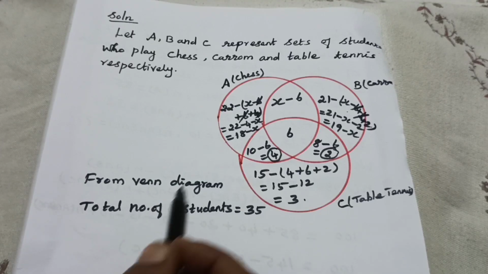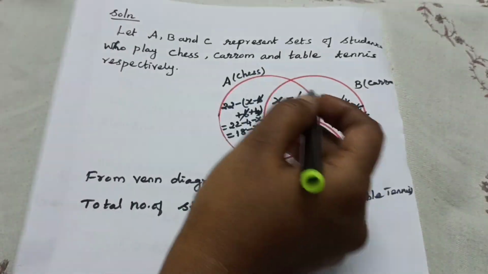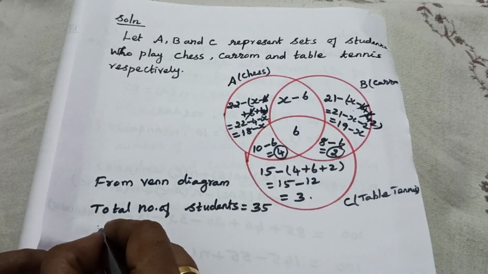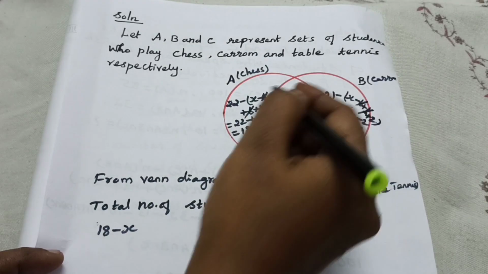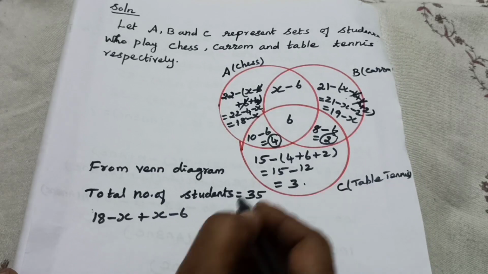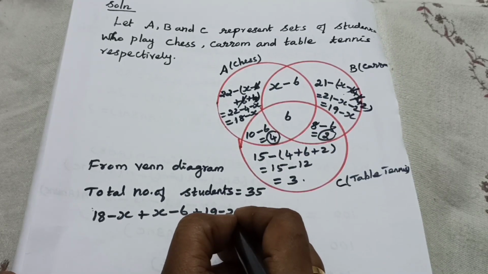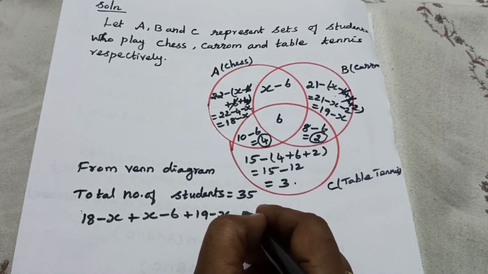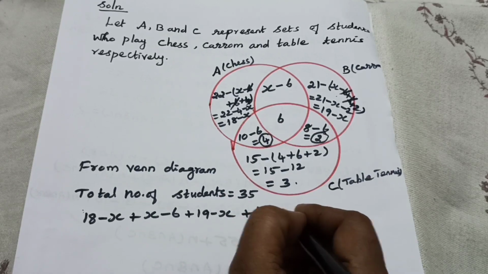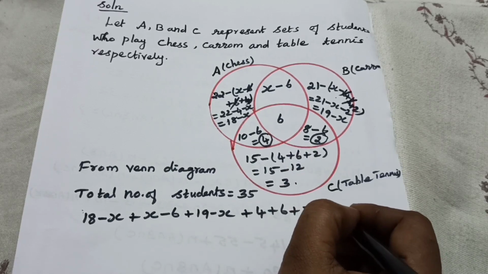Okay. From the Venn diagram, the total number of students given is 35, isn't it? From the Venn diagram we have to write: 18 minus X, then plus this X minus 6, then plus 19 minus X, then 4 plus this 4 plus 6 plus 2 plus 3.